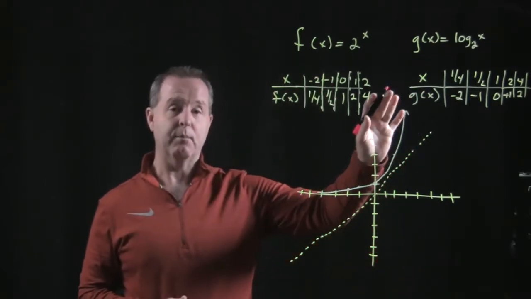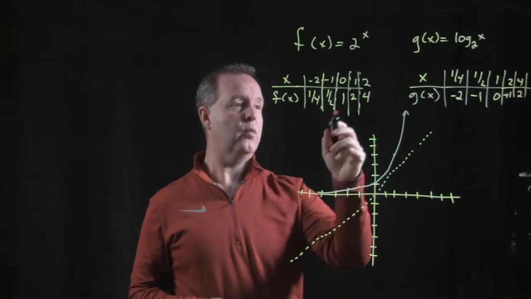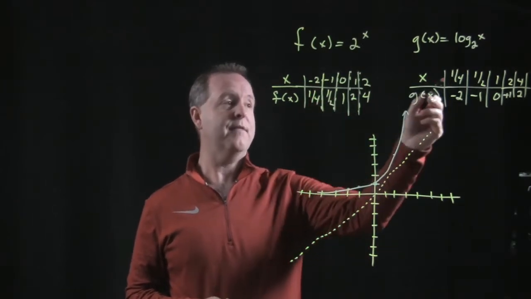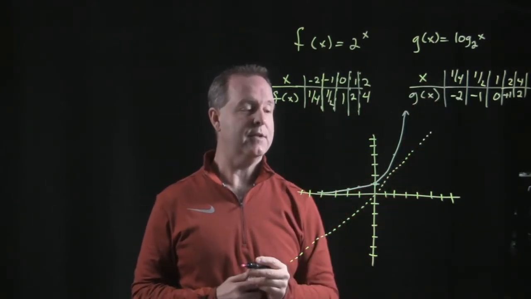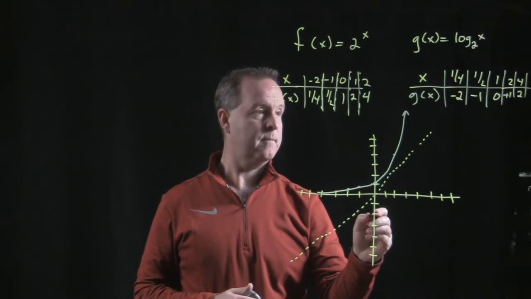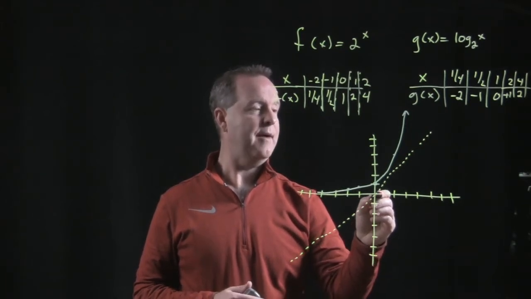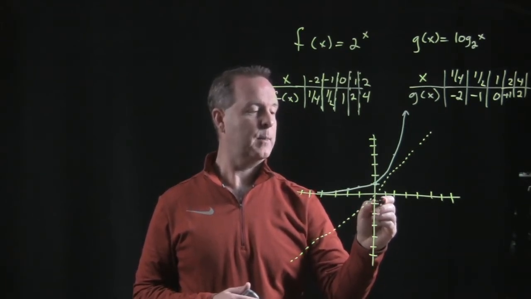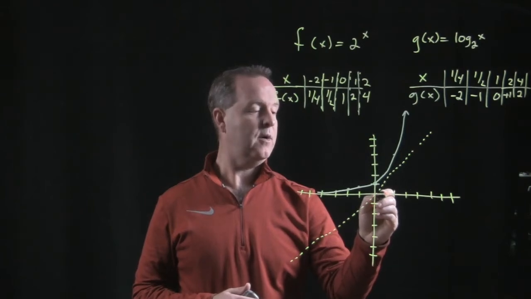Now let's plot the other points because they're inverses of each other. So rather than the point -2, 1/4, I have the point 1/4, -2. So 1/4 down here at -2. Over at 1/2, I'm down at -1. Over at 1, I'm at 0.